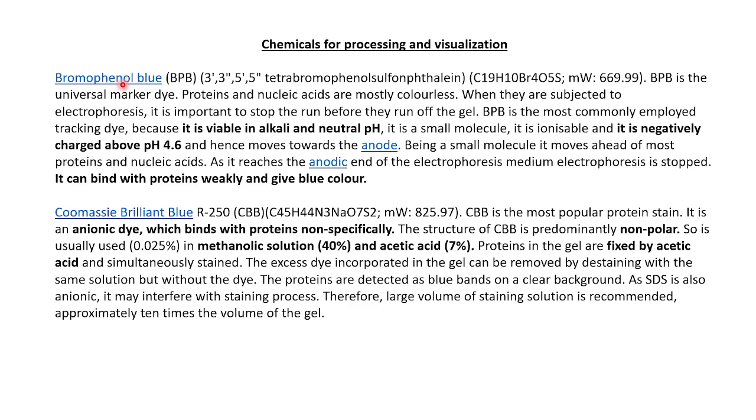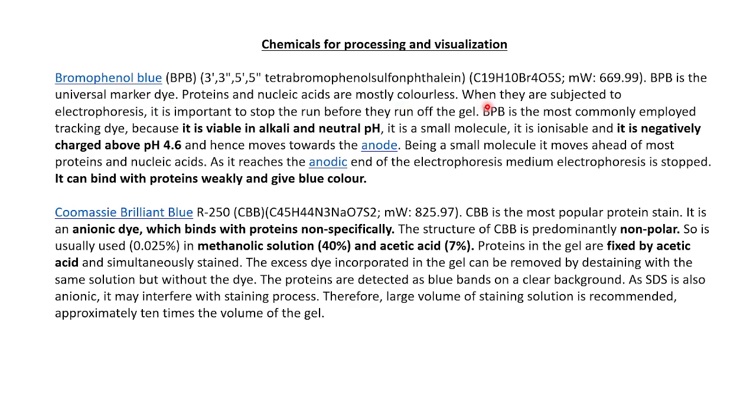You need to stain the samples because you cannot load transparent proteins onto your gel. You need to stain the samples with something such that you can understand how far your gel has run, how long you want to run your gel.